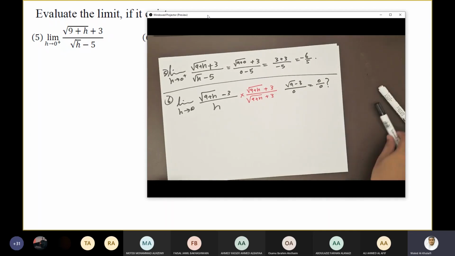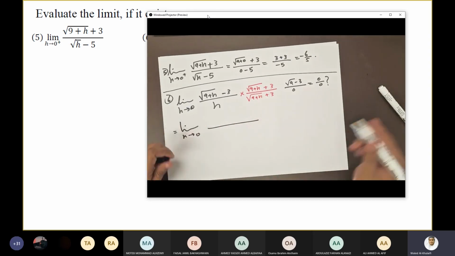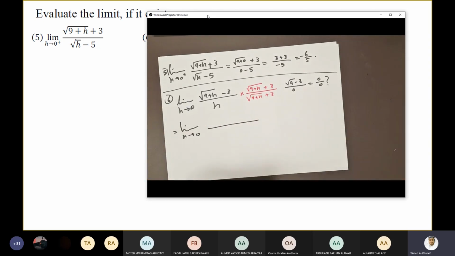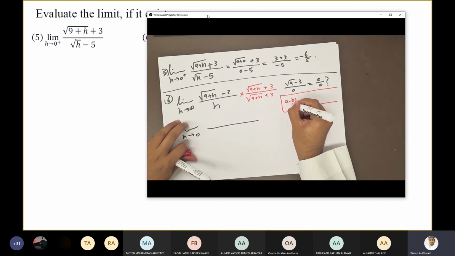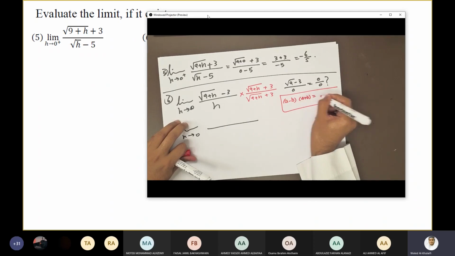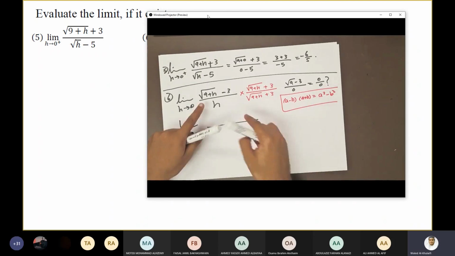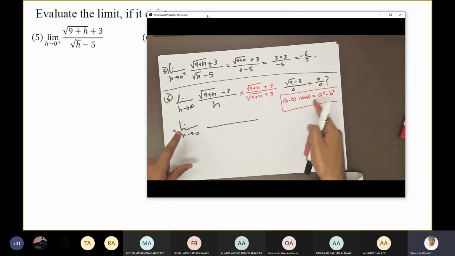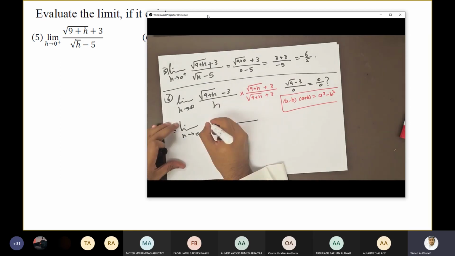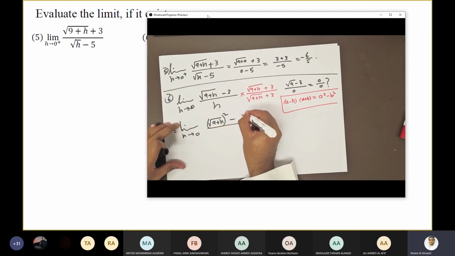And you know the formula, just to remind you: a minus b times a plus b becomes a square minus b square. So it becomes the root of 9 plus h squared minus 3 squared.